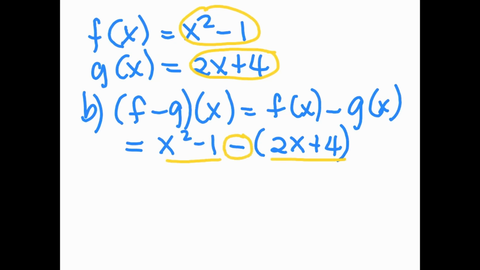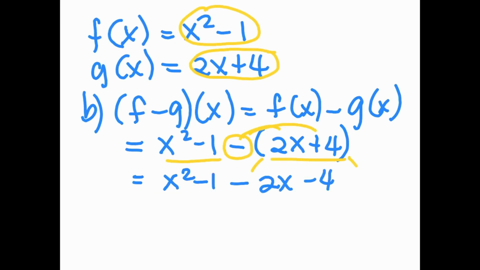We should apply this negative sign to each of the terms inside. We, again, are reminded to make use of these grouping symbols. So, this will now become x squared minus 1 minus 2x minus 4.